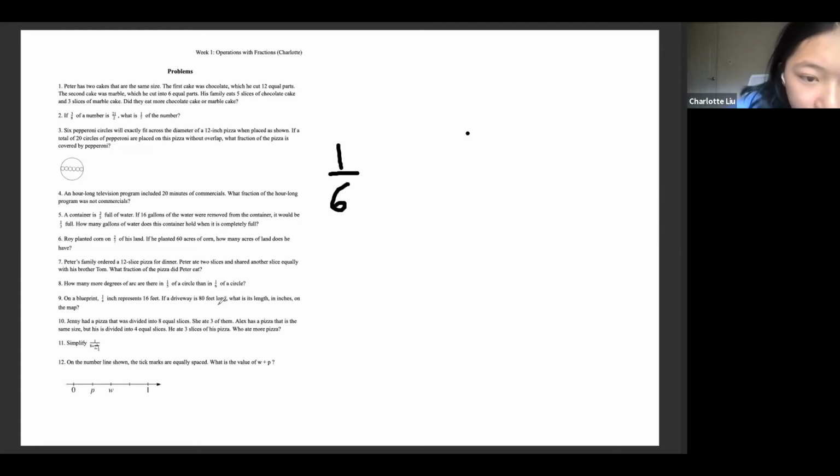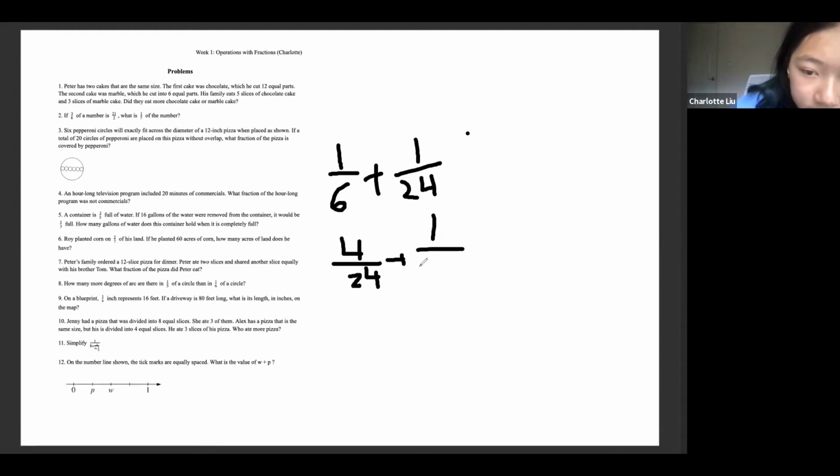Then he ate half of 1/12 of it because he only ate half of one slice. So that would be 1/2 of 1/12, which would equal 1/24, which means he ate this amount. So now you just add, you can convert this to 4/24. You multiply the numerator and denominator by 4. And you'll get 5/24.